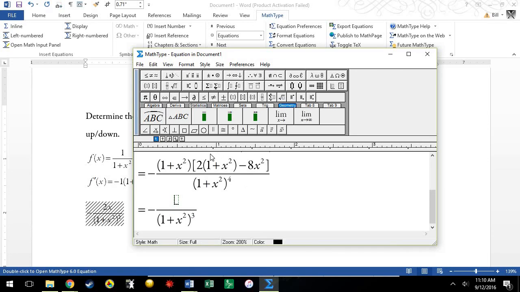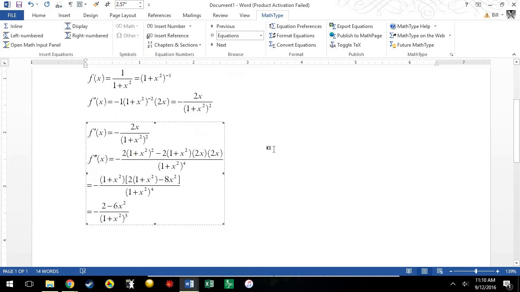And at the top, this is 2 plus 2x squared minus 8x squared, so that's 2 minus 6x squared. And so there's my simplified second derivative. Bit of a mess. Now let's go back to answering the question.